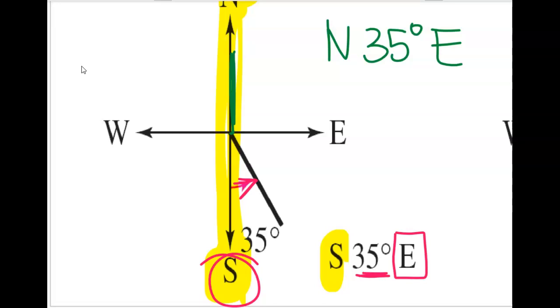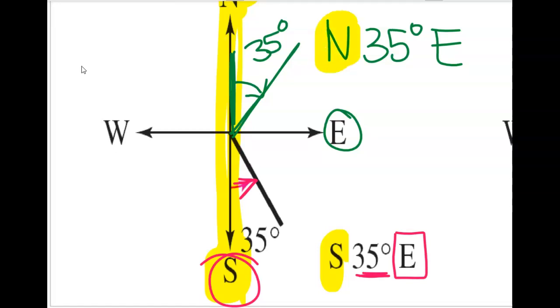And then we move in this direction because we're moving towards east, and that will be the terminal side. So you see the difference from north and south is where the initial side of the bearing will be. Okay, so let's move on to our example on the right side.